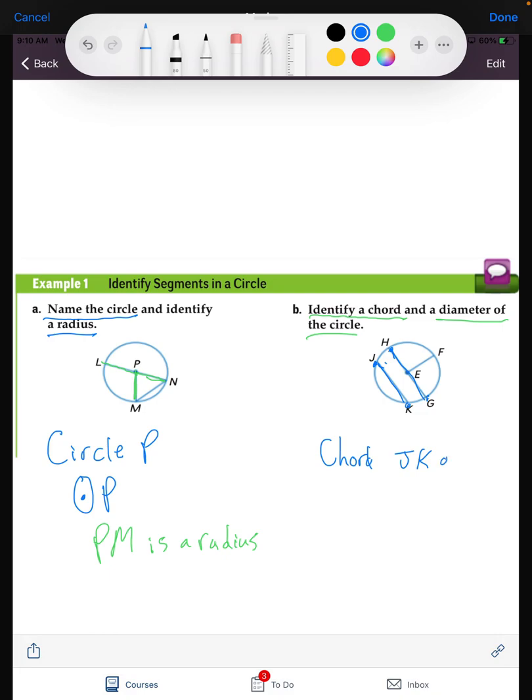And then we want to know the diameter. So diameter is a chord that goes through the center of the circle. So HG is both a chord and it's also, more specifically, the diameter.